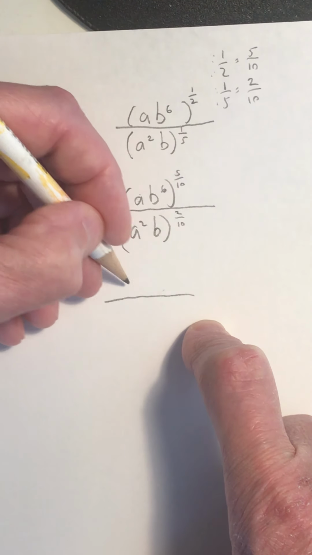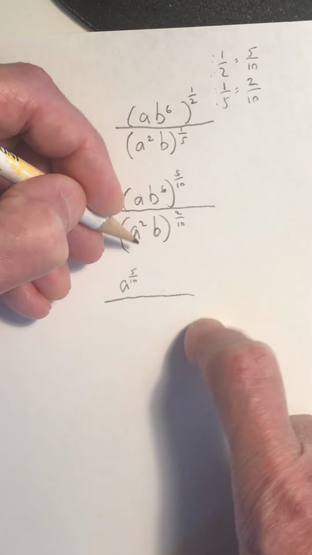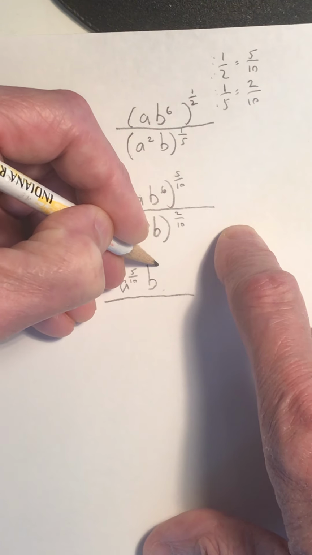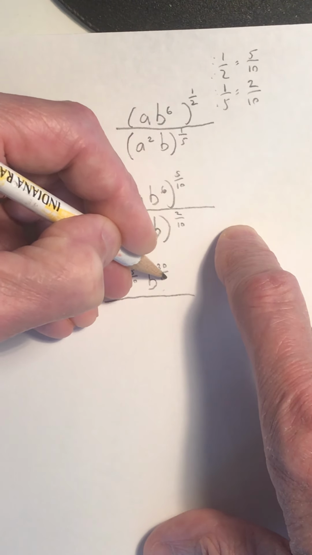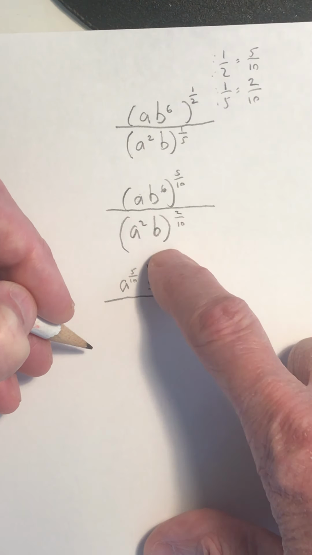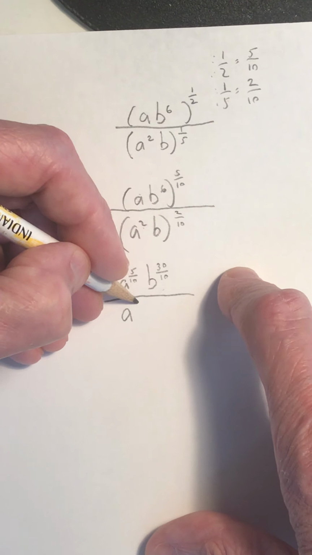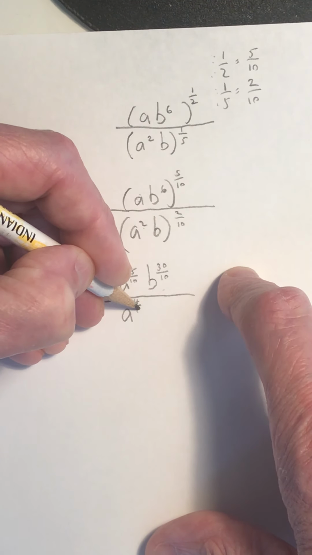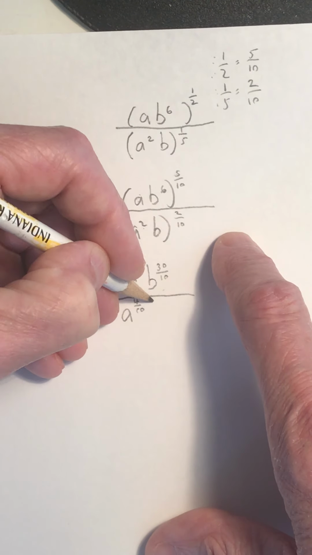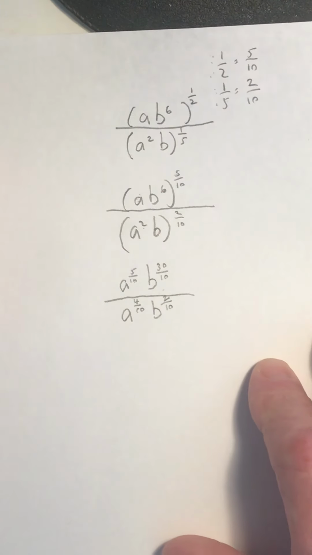So a to the 5/10 and b to the 6 times 5/10 is 30/10. And then downstairs we have a to the 2 times 2/10 is 4/10. And b to the 2/10. Okay.